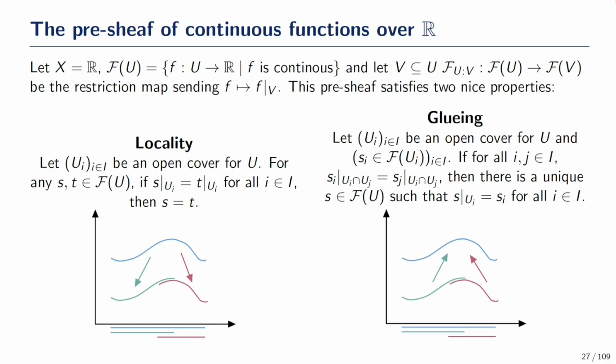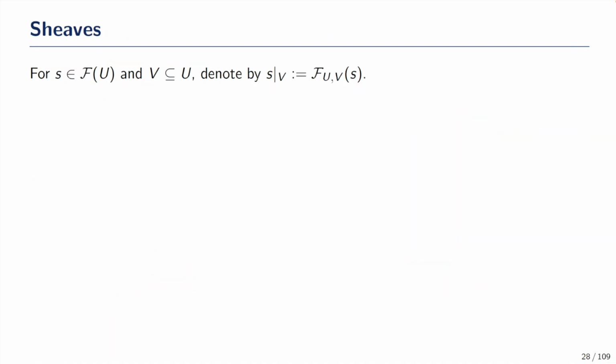Now, we can reverse the notation a bit. Let's say we have some section, and then we have some smaller open set. Let's use this restriction of function notation to denote the arrow we had in the previous slide. So now when we have this map, we denote it by that.